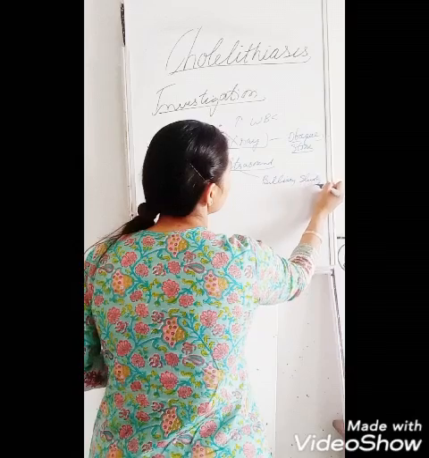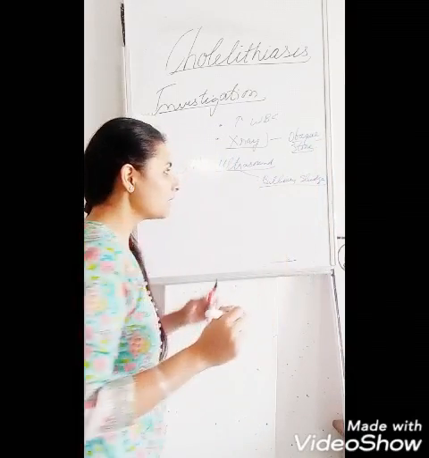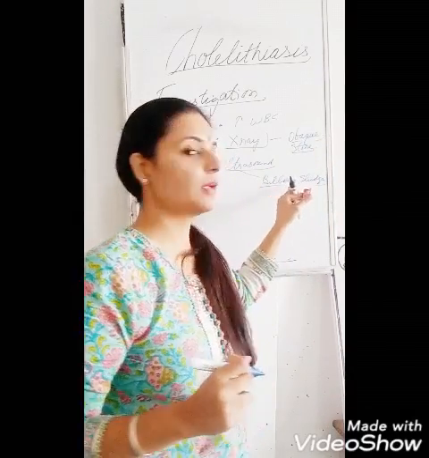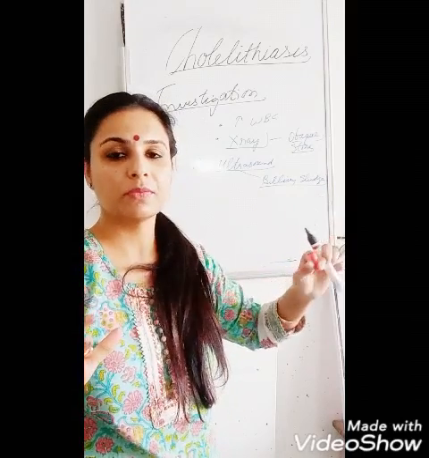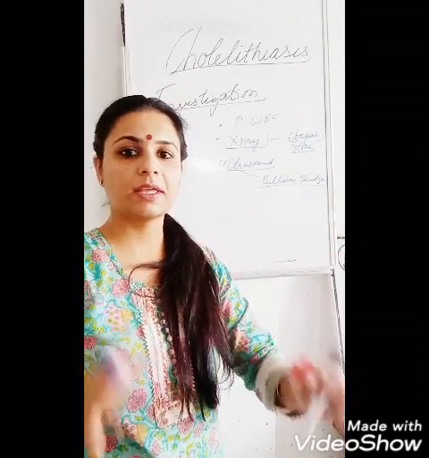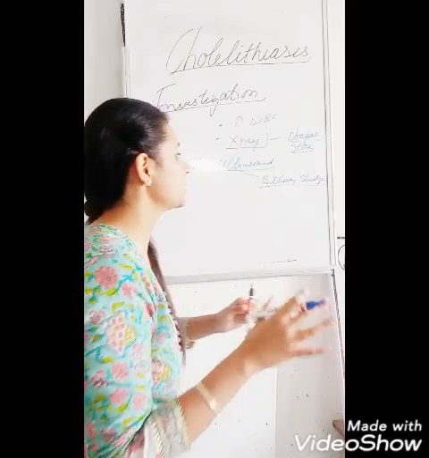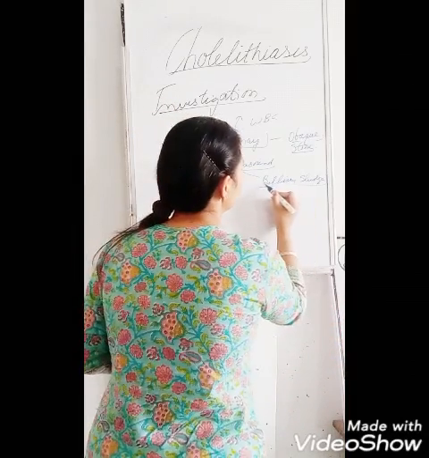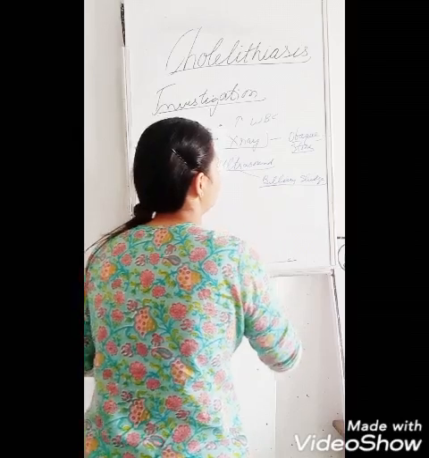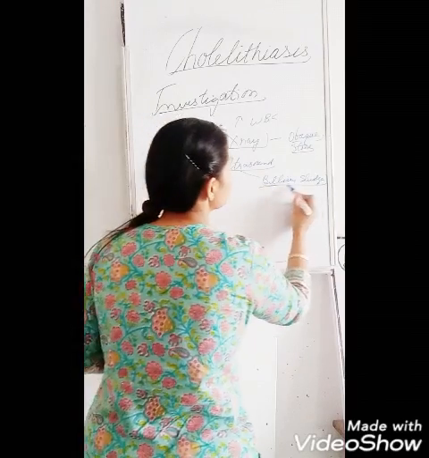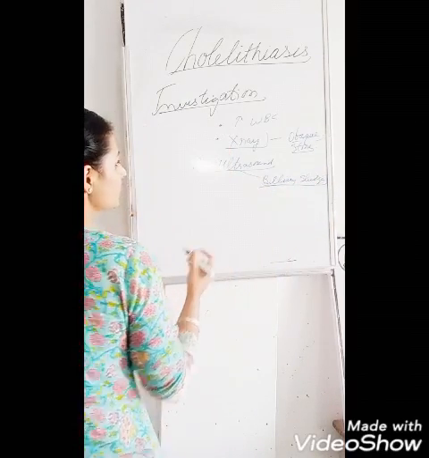Sometimes it becomes difficult to identify biliary sludge because of a lot of gas or ascites, if the patient is having gastric trouble or ascites. In that condition, it becomes difficult to identify biliary sludge.